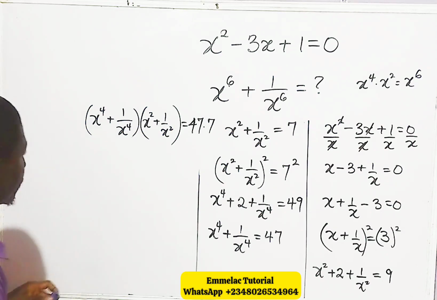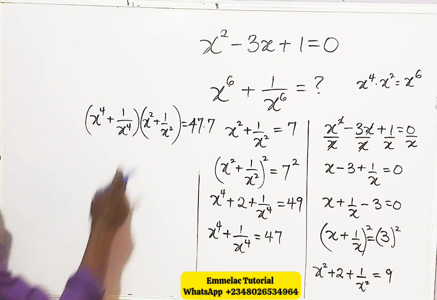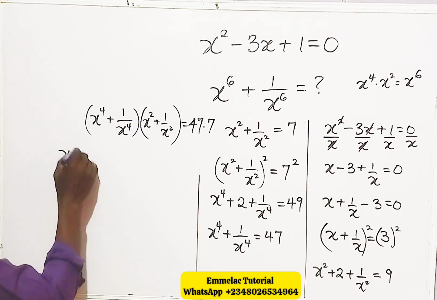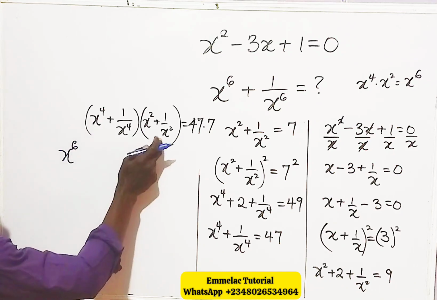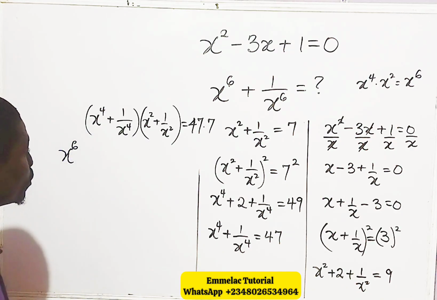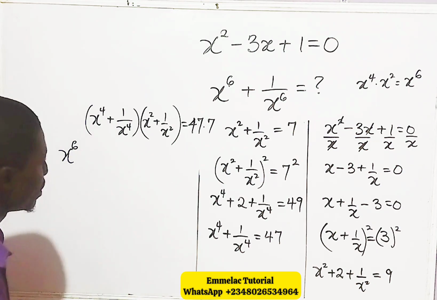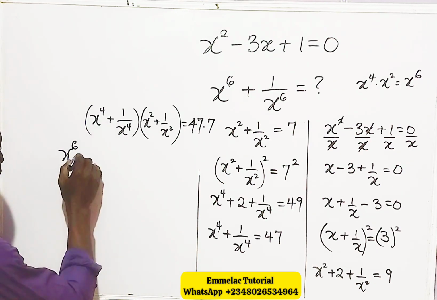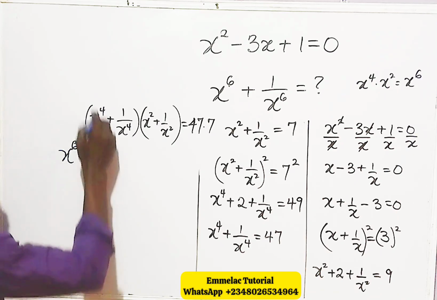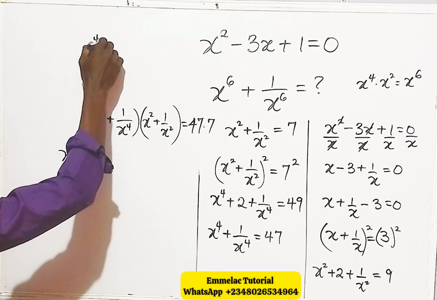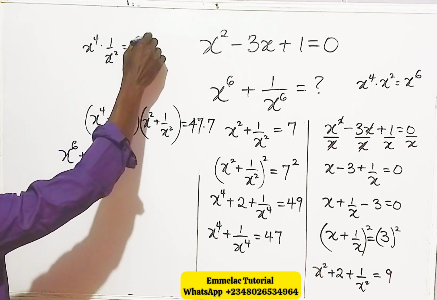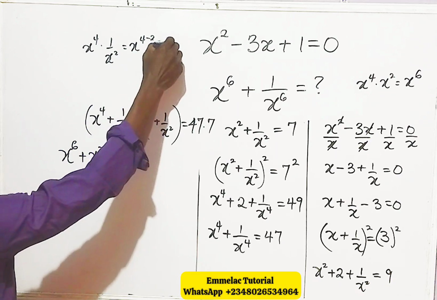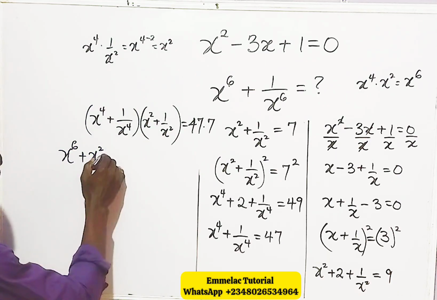So x raised to 4 times x raised to 2 will give us x raised to 6. Now x raised to 4 times 1 over x raised to 2 should give us x raised to 2, the same thing as saying x raised to 4 minus 2, giving us x raised to the power of 2.